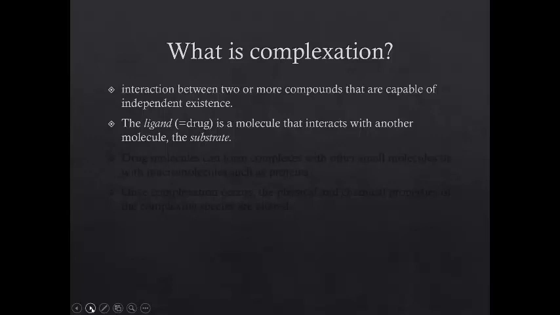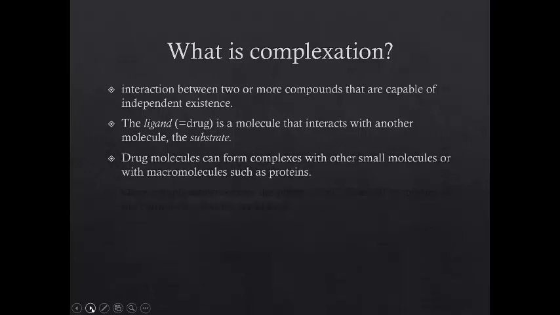We're going to use the ligand to be a drug for most cases since we're pharmacists. So the ligand is a molecule that interacts with another molecule, the substrate. So in this case, it's usually going to be a drug and some kind of protein. So the drug will be the ligand and the protein will be the substrate.